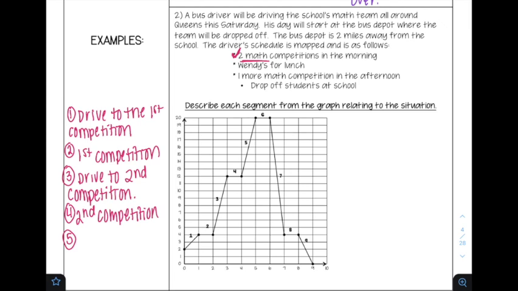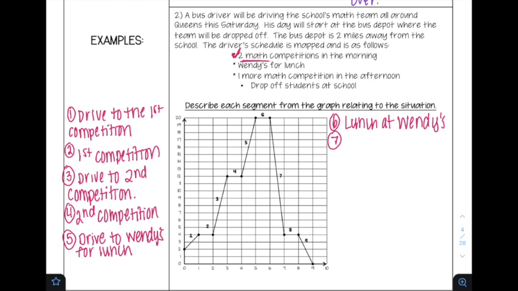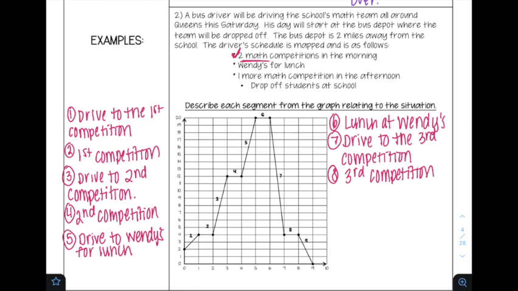They're going to Wendy's, so they must be driving to Wendy's. And then segment 6 must be lunch at Wendy's. 7th segment, 8 probably is the third competition. And then the last segment is just driving back to school.